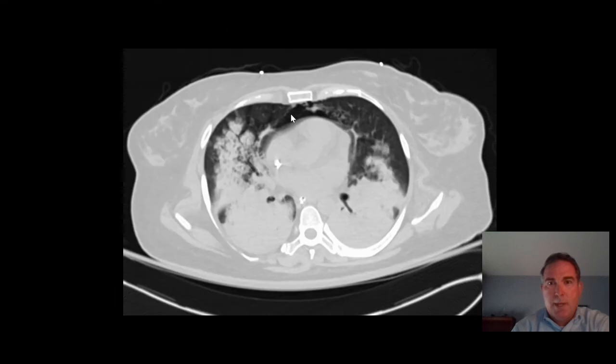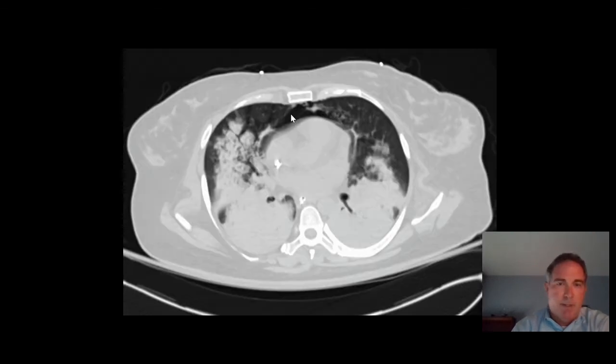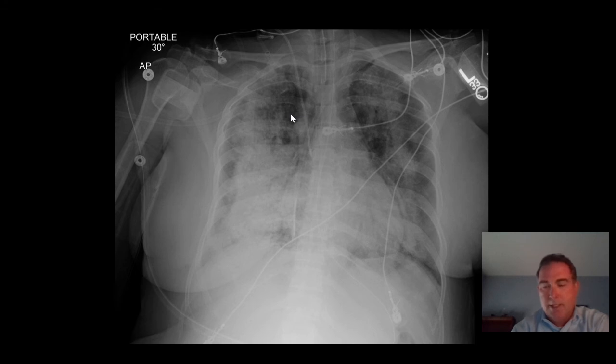ICU patient, bad airspace disease, very dense. And when it's so dense like that, one consideration is alveolar hemorrhage. That's what this patient had. But it'd be very hard to prospectively look at that and just say, oh, that's a great case of alveolar hemorrhage.